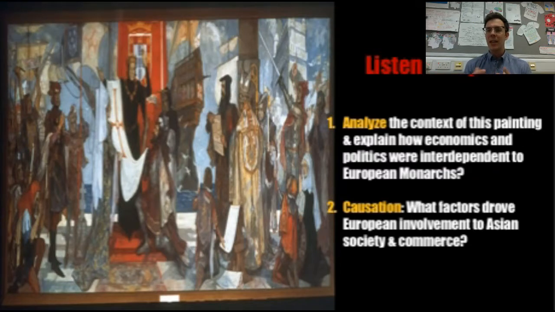They didn't like being so reliant on Venice. They didn't like being so reliant on these Muslims. And so this in turn circumvented this desire to develop their own trade routes, right? The Portuguese wanted to make their own trade routes. So that's a major factor that led to this European involvement in Asian society and commerce, right?